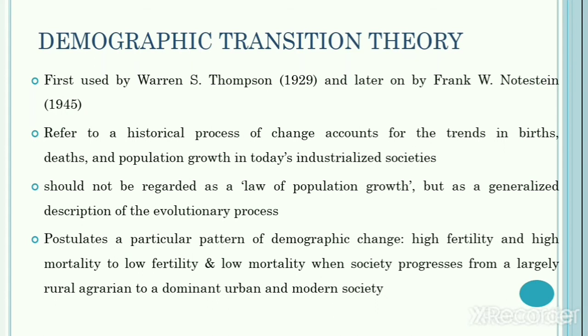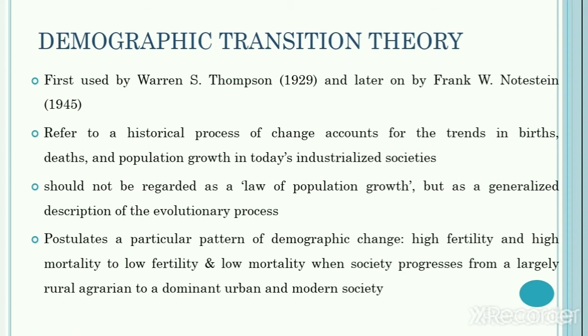This process of demographic change began for most parts of the world in the later part of the 18th century. It should also be noted that the demographic transition should not be regarded as a law of population growth, but as a generalized description of the evolutionary process of world population. In simple terms, it is a theory which attempts to specify general laws by which the human population changes in size and structure during industrialization.